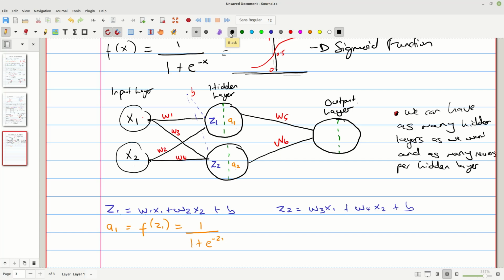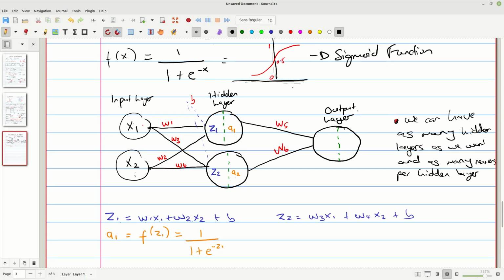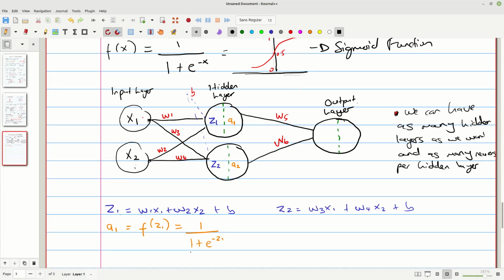So what's happening? First, we are given two features, x1 and x2. We multiply them by their corresponding weights, w1 and w2, and we have the expression w1 x1 plus w2 x2 plus b, and this gives us z1. We take this z1 and feed it into the sigmoid function to add this nonlinearity, and we end up with 1 over 1 plus e to the minus z1, which is equal to a1.